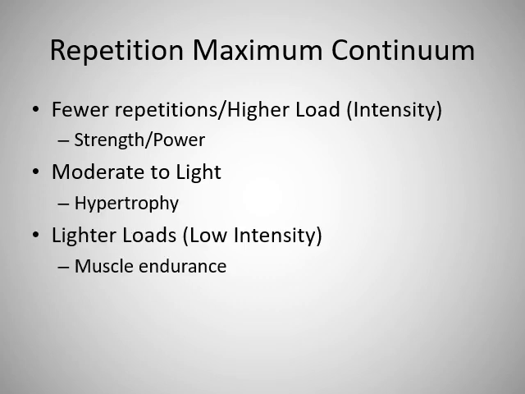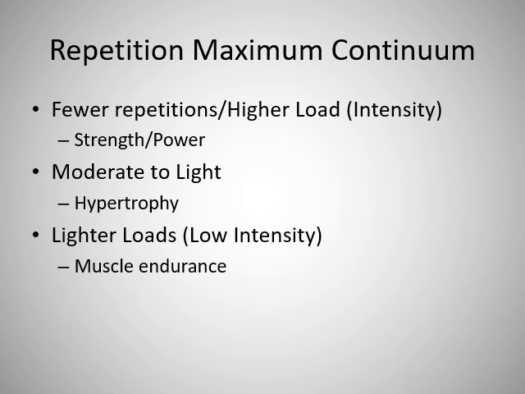Lighter loads or low intensity, you're looking more at muscle endurance. Again, it's all on a continuum. Even at very light loads and low intensity, you will develop some strength. Even doing the higher load stuff with fewer repetitions, you'll experience some hypertrophy.